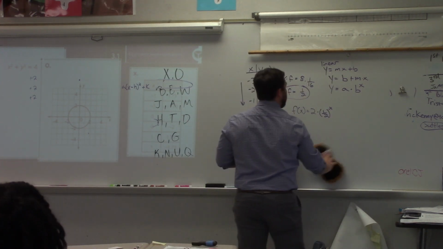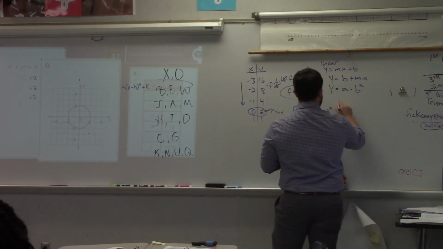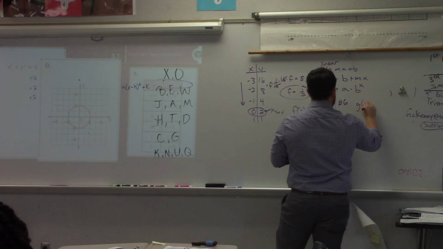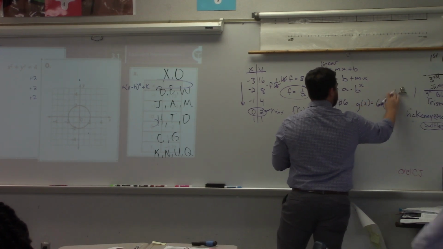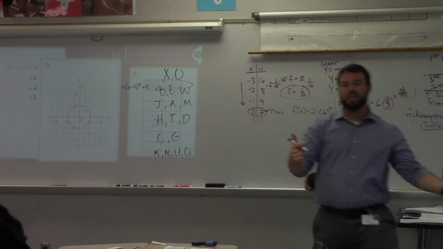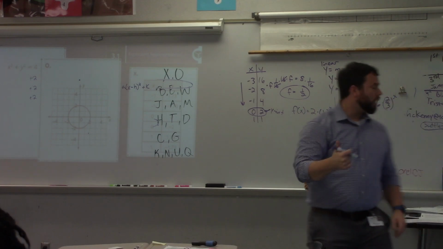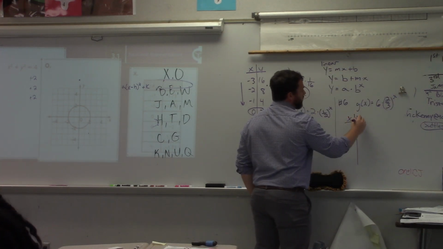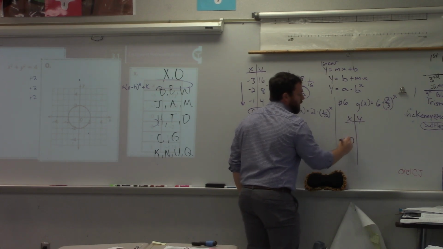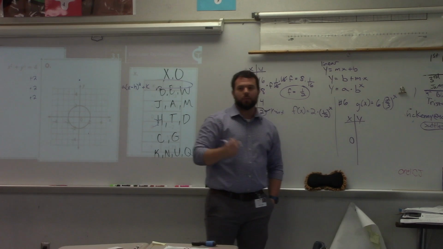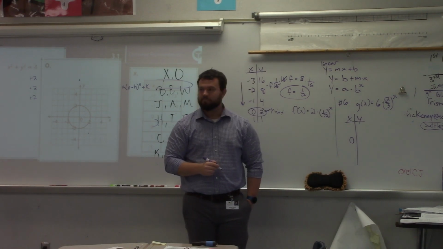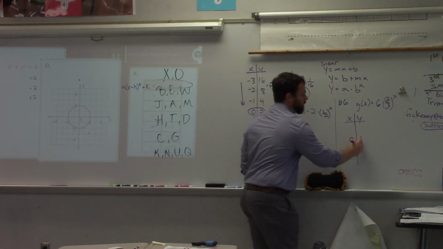In a similar way, if I'm looking at number 6, g of x equals 6 times 2/3 to the x, remember, the same inputs map to the same outputs. What I would have probably done is start with a table. I always like starting with tables. The input of 0 gives me what output? Anyone know? It gives me a 6.